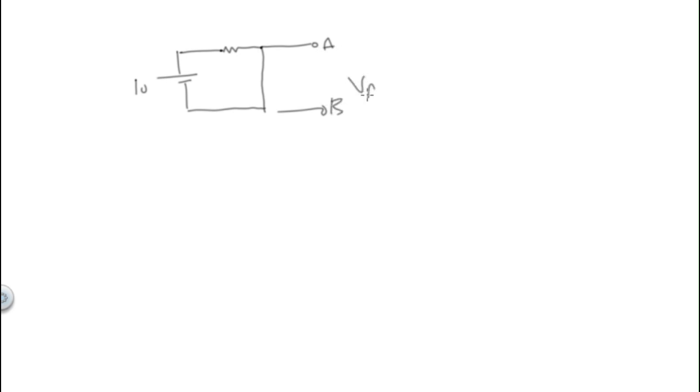So what's my VAB? 0 volts, right? What would be my current? 10 divided by 20K, or 0.5 milliamps. So that would be my voltage, and that would be my current. So if I had it at the bottom, it would be 0 volts, but I would have a current through it.